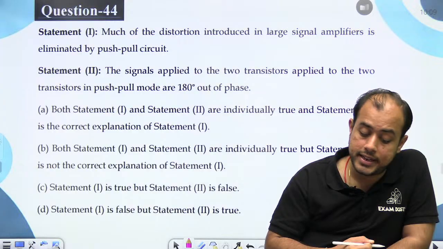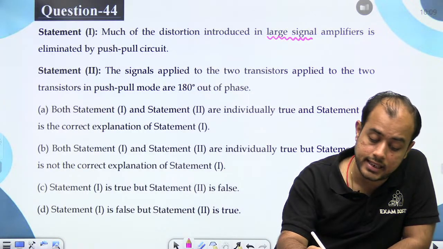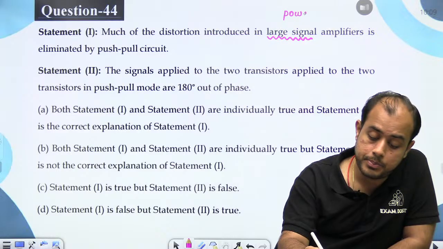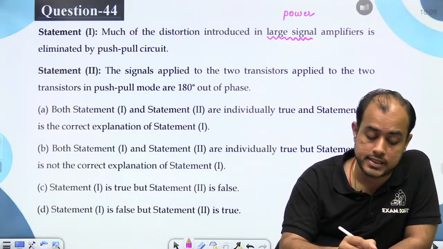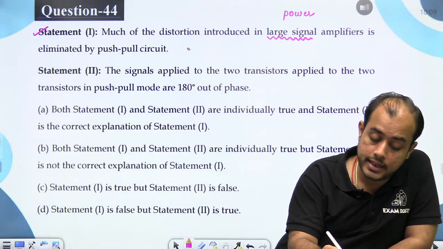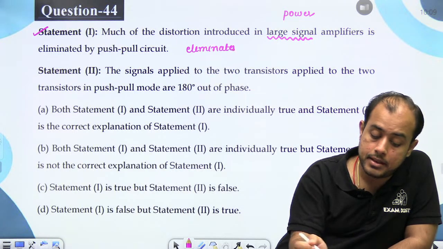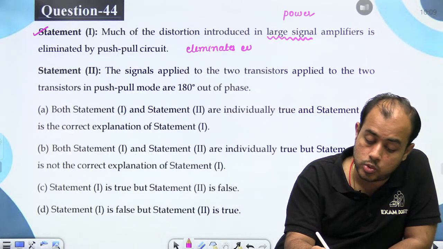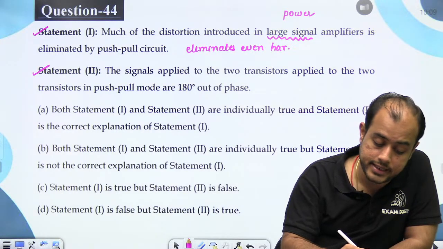चलिए, ESE 2012, much of the distortion introduced in the large signal amplifier, basically power amplifier, is eliminated by push-pull circuit. Correct. It eliminates even harmonics. Signal applied at the two transistors are 180 degree out of phase. Yes.